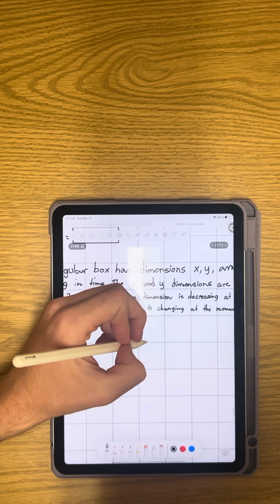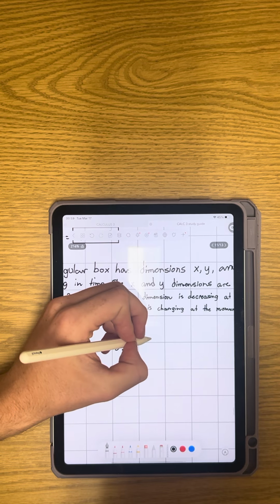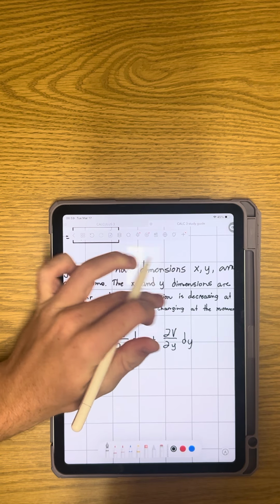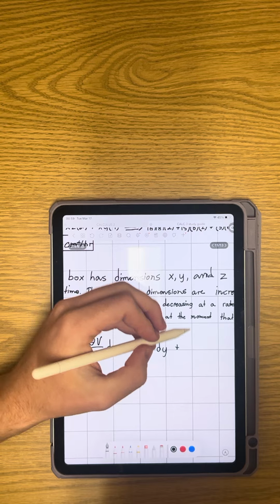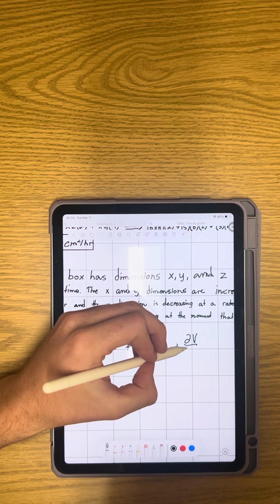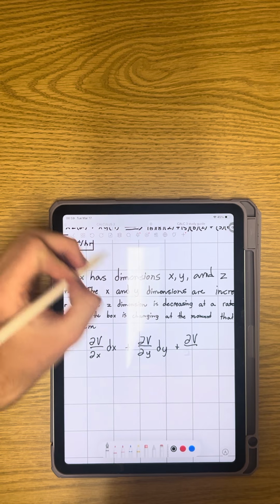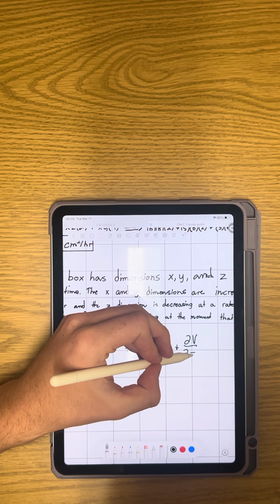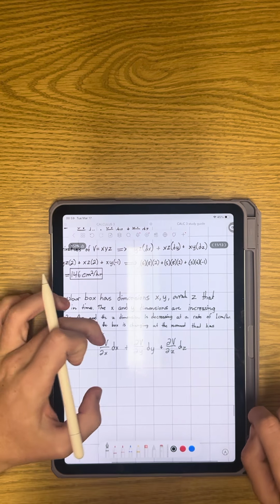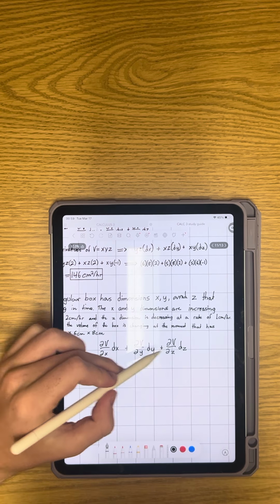We'll just represent it as dx for now. We'll plug it in later. Plus partial derivative of y dy plus partial derivative of z dz.